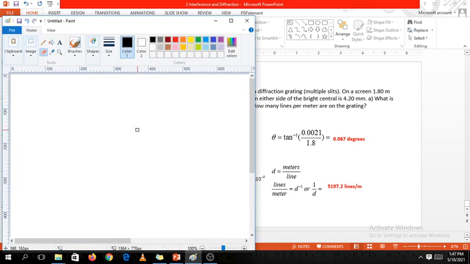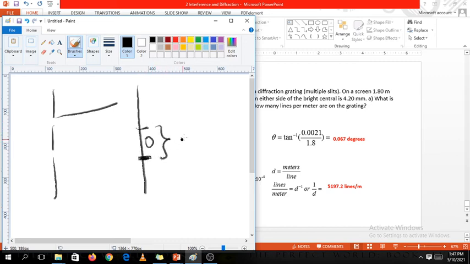So we have a slit, and each produces a fringe. So from the 0 we have the dark fringe. The center bright and the first dark fringe. The distance between two dark fringes is 4.20 millimeters. Correct? But to solve, y is simply the distance of the fringe from the central bright spot.